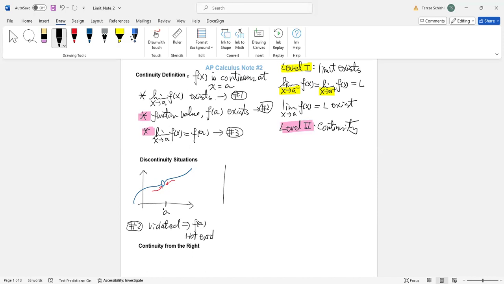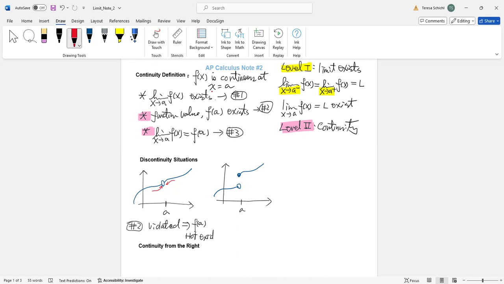Let's take a look at this situation. If I have a function that goes like this way and another part going like this way, and this is my a, which condition, 1, 2, or 3, does it violate?